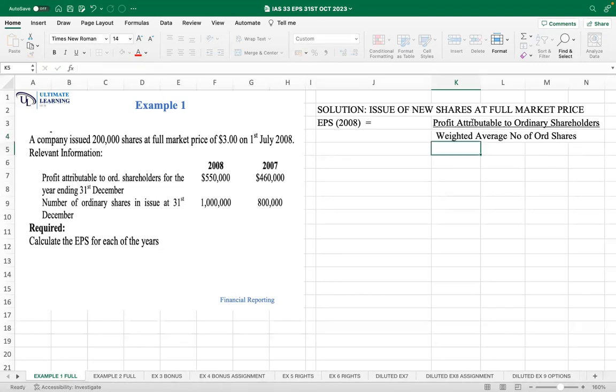So you take the profit attributable to ordinary shares, you divide by the weighted average number of ordinary shares. So we need to list our profits.